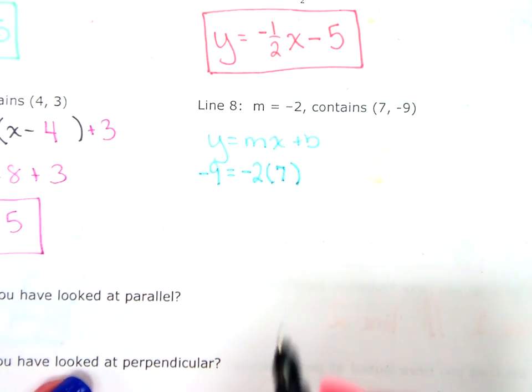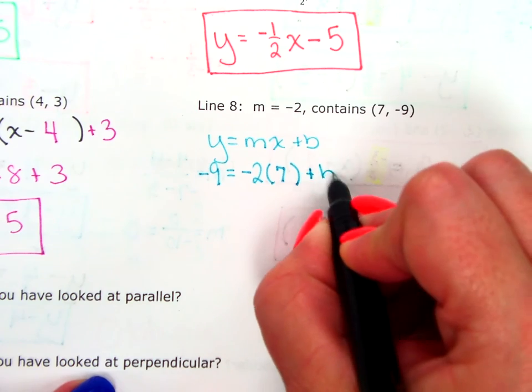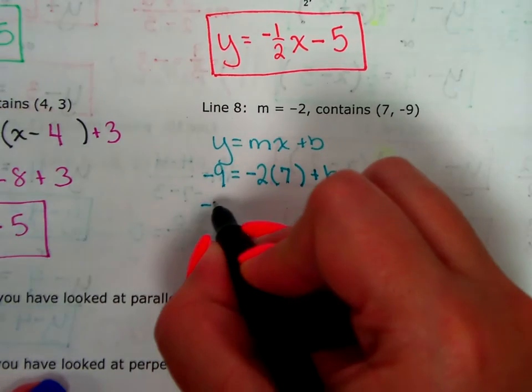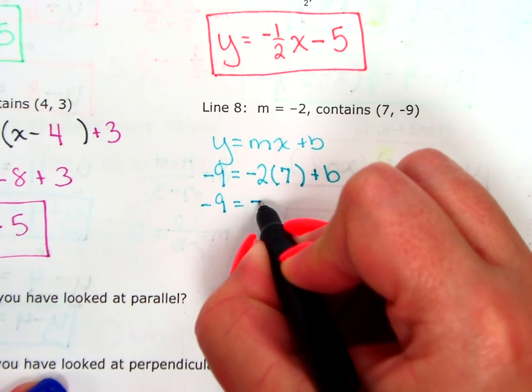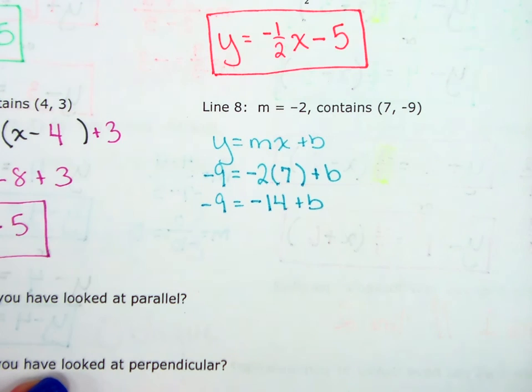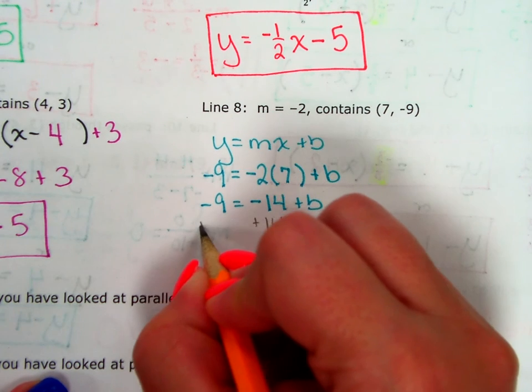My slope is negative 2. My x is 7. Be careful, if it's a negative, make sure you put it in parentheses. Plus b. Negative 2 times 7, negative 14. How do I solve this for b?